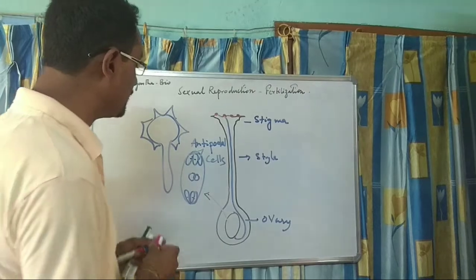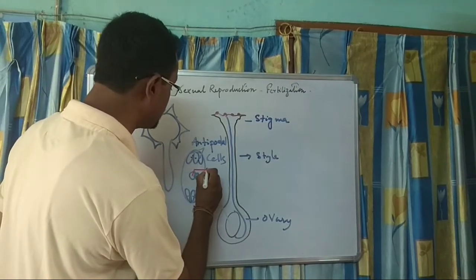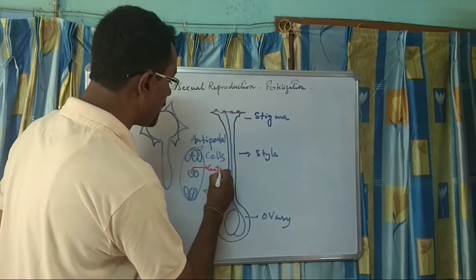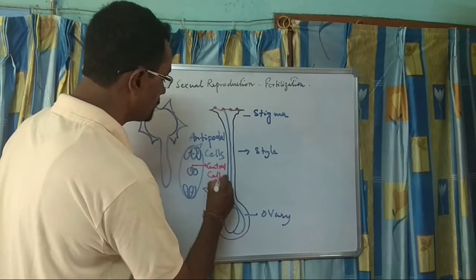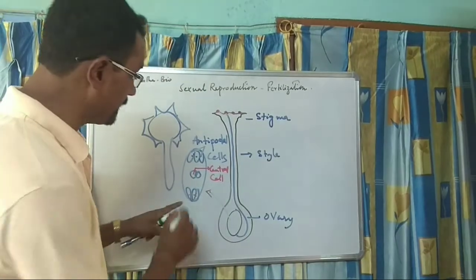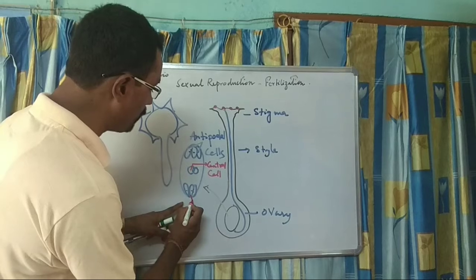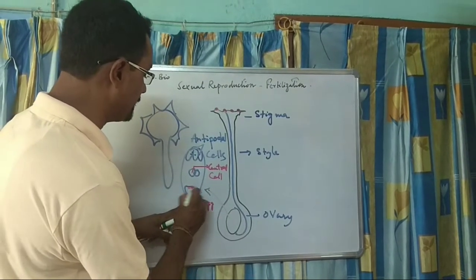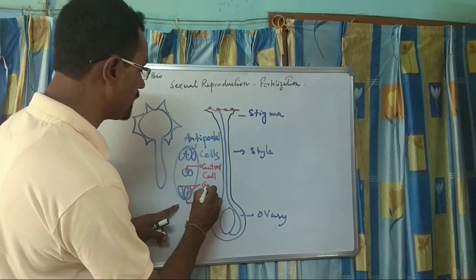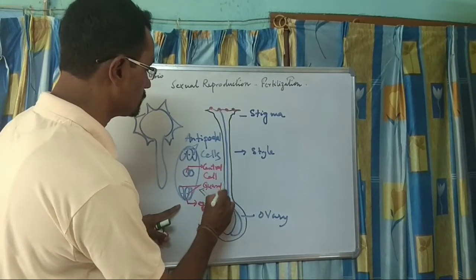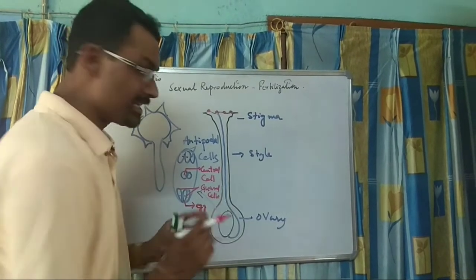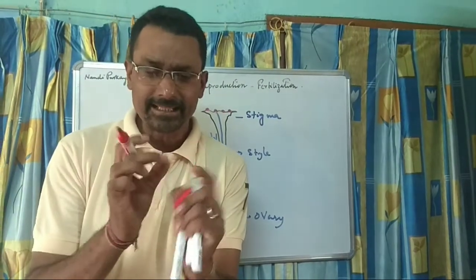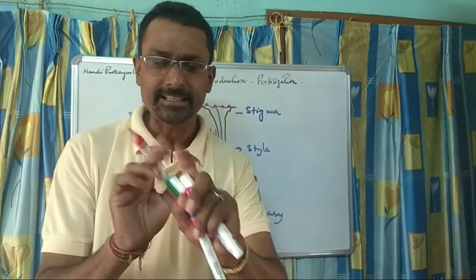This one here is called the central cell, C-E-N-T-R-A-L. Now come to this point. The middle one is called what? The egg. And these two are called guard cells. The egg cell is surrounded by 2 more.